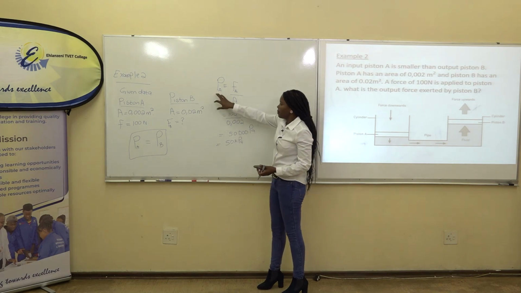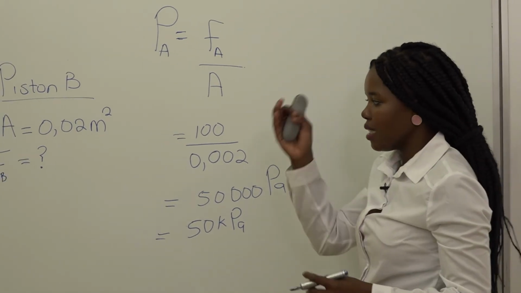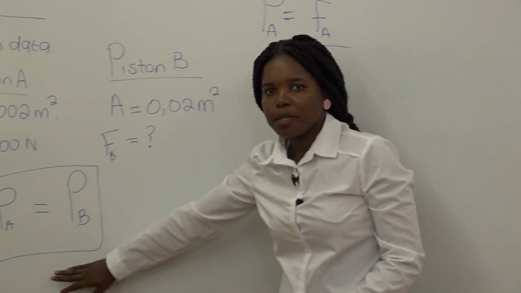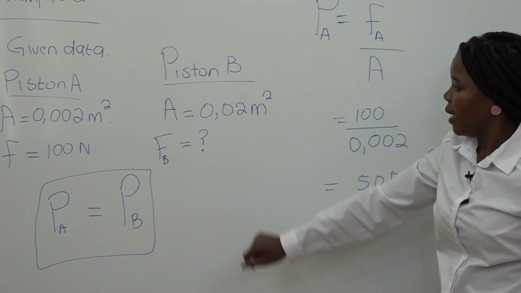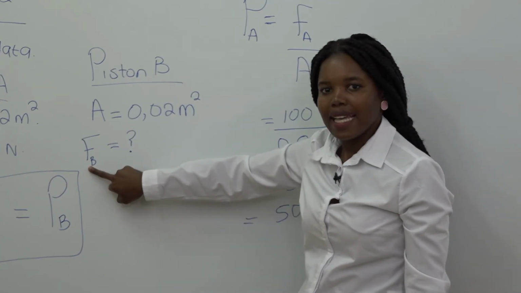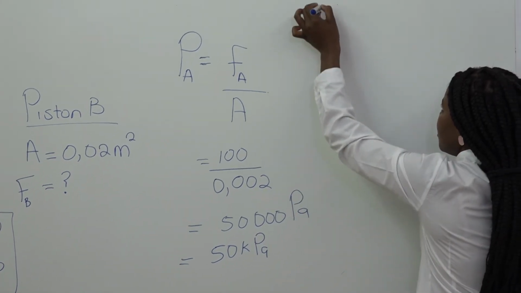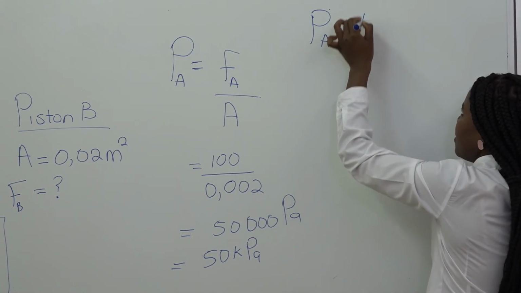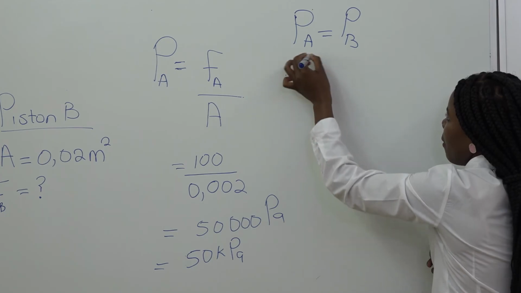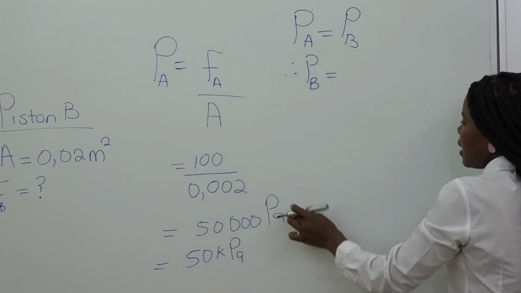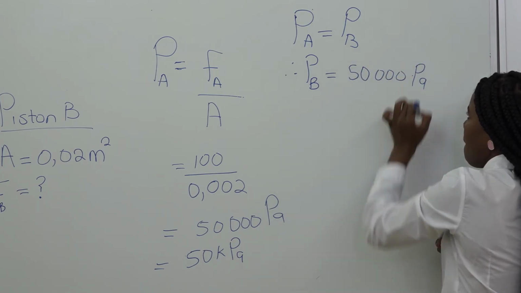Since we have already calculated PA, which is 50 kilopascals, and we know that the pressure applied at piston A is the same as the pressure applied at piston B, we can now calculate the force being exerted at piston B. So the pressure applied at piston B is still 50,000 pascals.